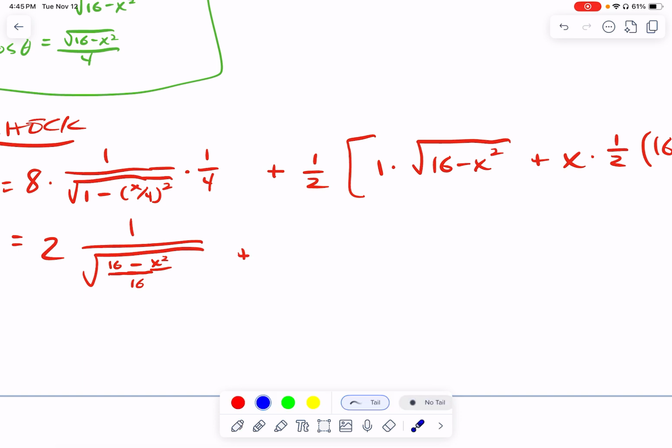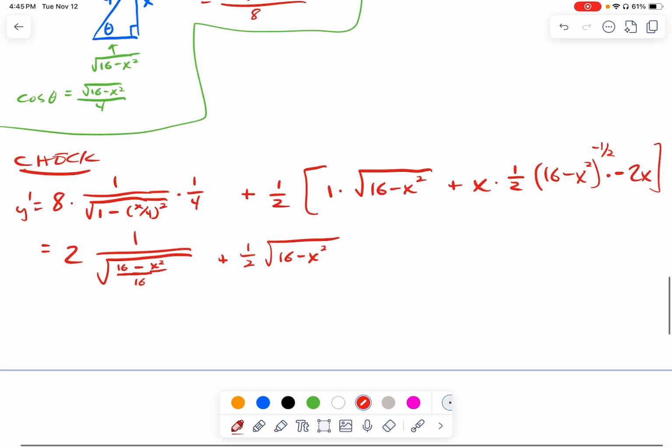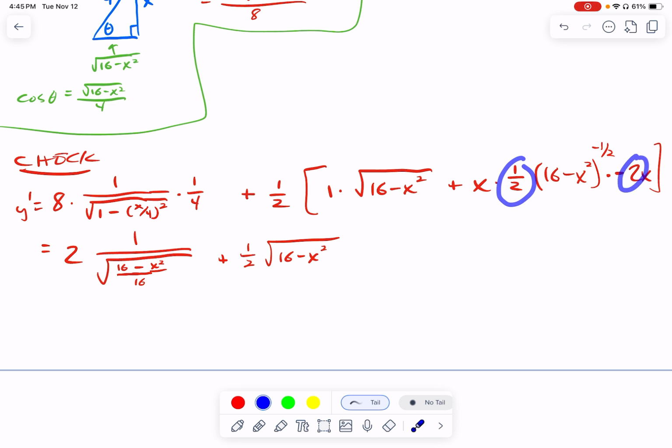Now here, if we distribute 1/2 there, we just get 1/2 times radical 16 minus x squared. And then here, let's see, the 2 cancels with the 1/2. I would have negative x squared over radical 16 minus x squared. Negative 1/2 power means the radical's in the denominator. The rest of that simplifies to negative x squared.